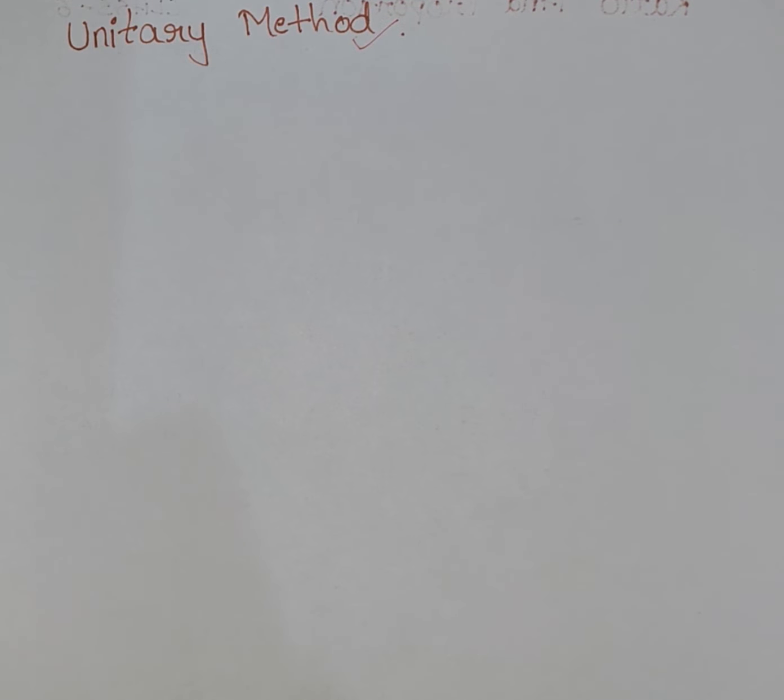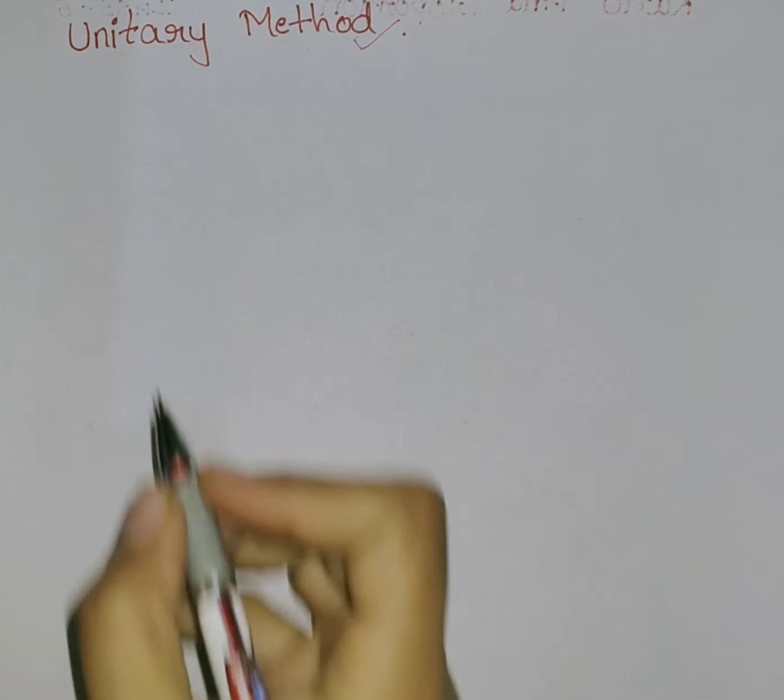So the last topic of your chapter is the unitary method. Let's understand this with an example. So the unitary method is that first we find the value of 1 unit, then we find the value of the required numbers. Let's see an example.